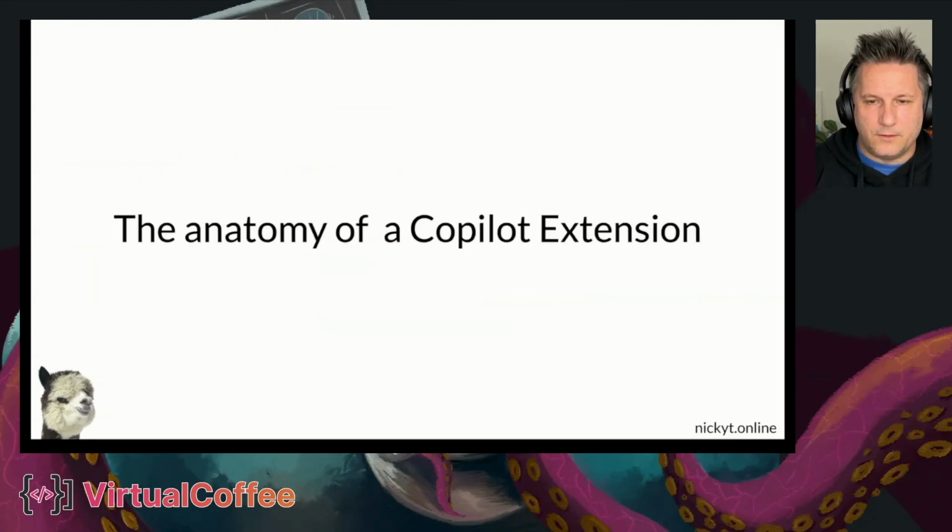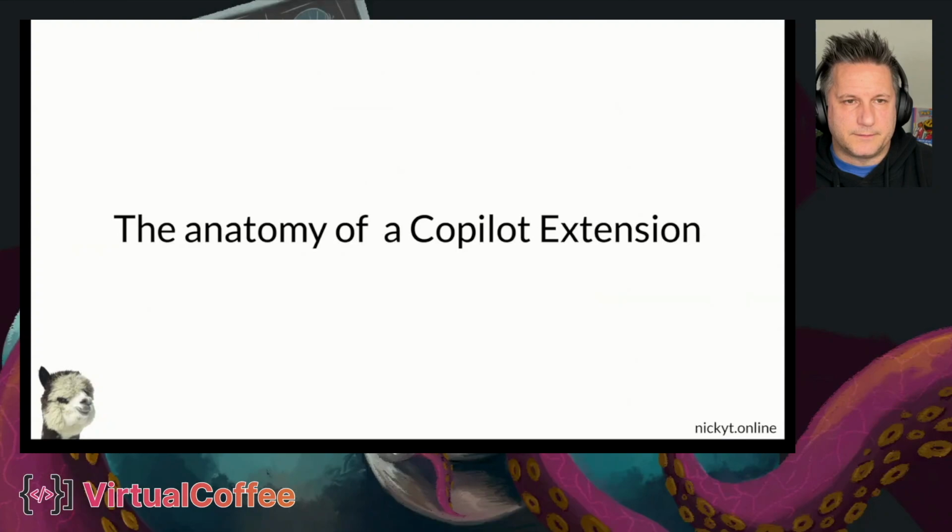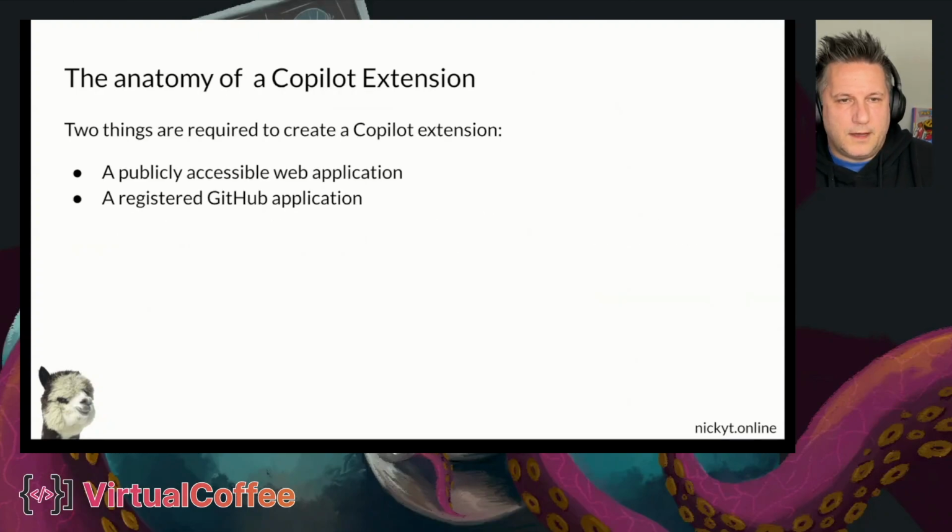All right, so let's talk about the anatomy of a Copilot extension. There are a few things here. Basically, you need a publicly accessible web application, so it just has to be available on the internet. The other thing is you need to have a registered GitHub application. And we're going to go through all this.